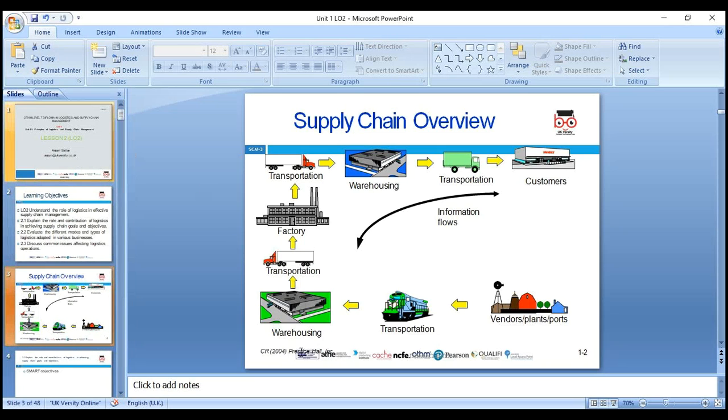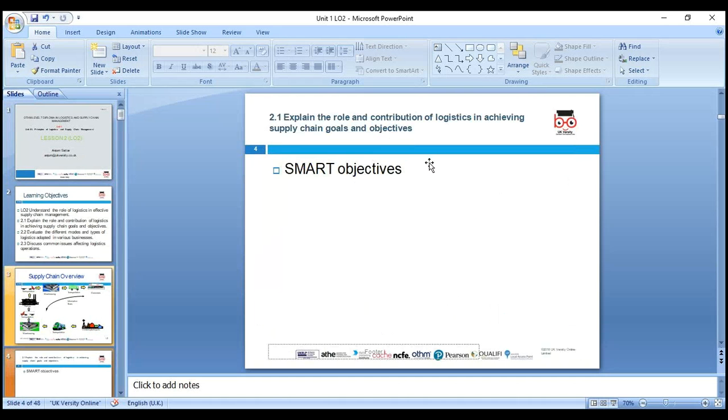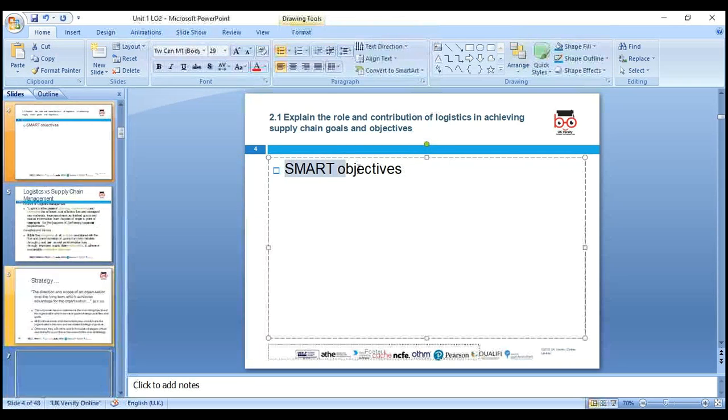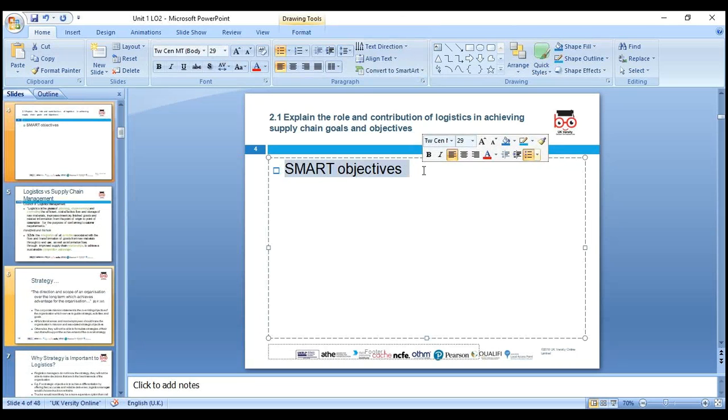So we are always looking at how we can reduce the middle man, which will help to achieve our organization objective. Explain the role and the contribution of logistic in achieving supply chain objective. So what role can logistic play to achieve supply chain objective?